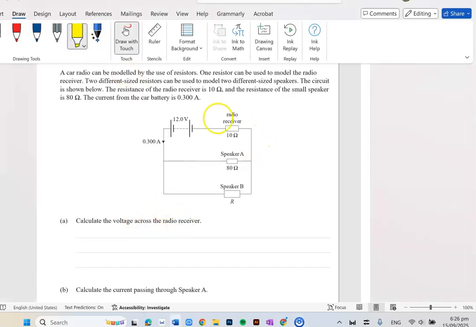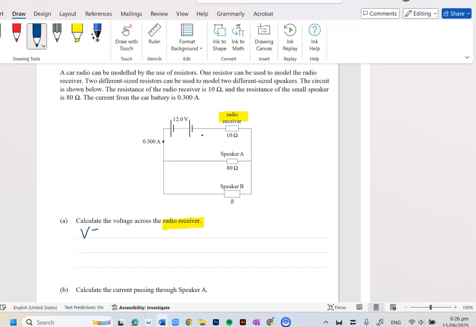So that is this here. This is pretty easy. It's just one step, I think. If you look on your formula sheet, the voltage will equal the current times the resistance. It's V equals current times the resistance.